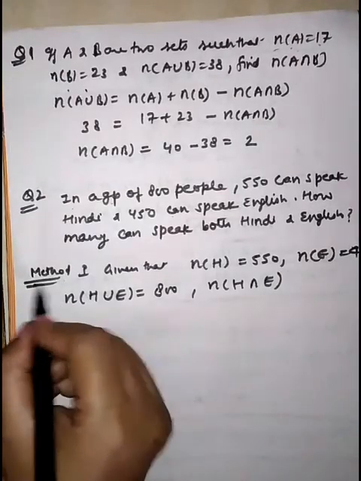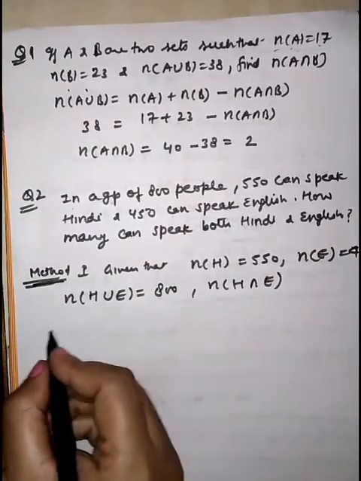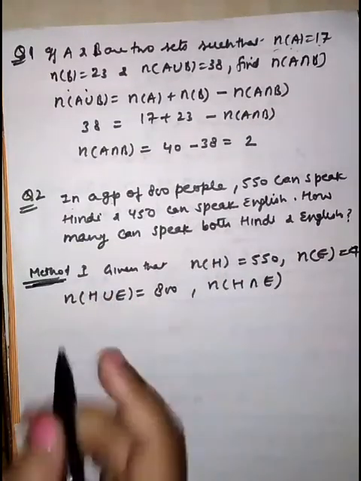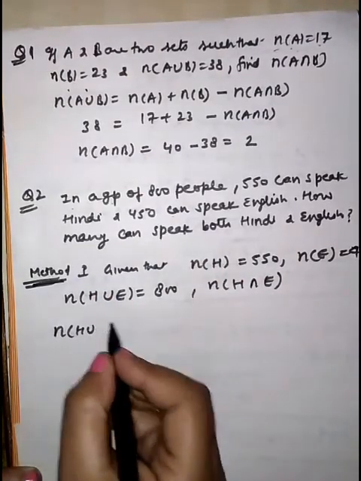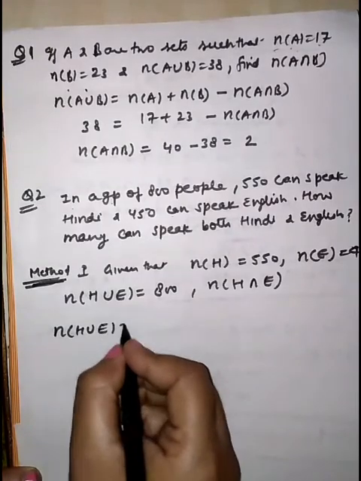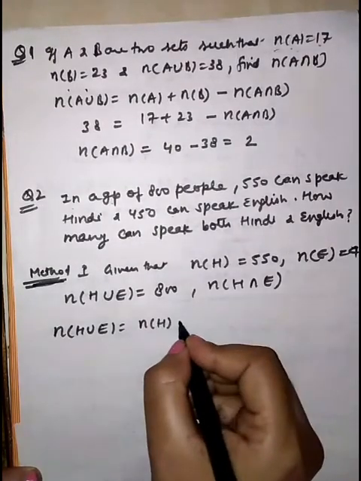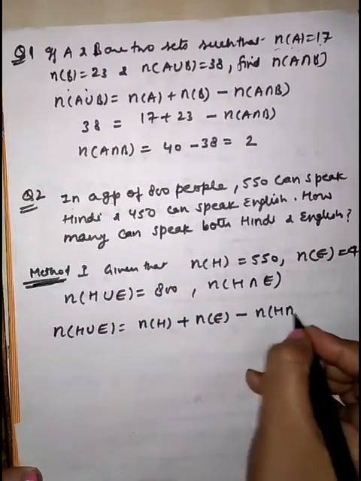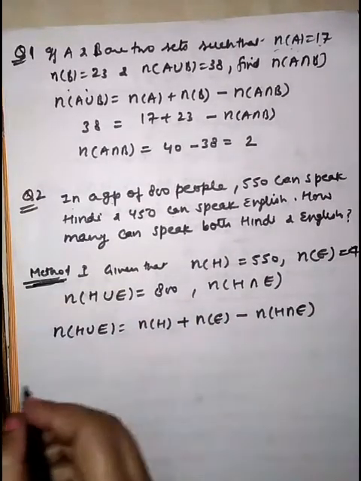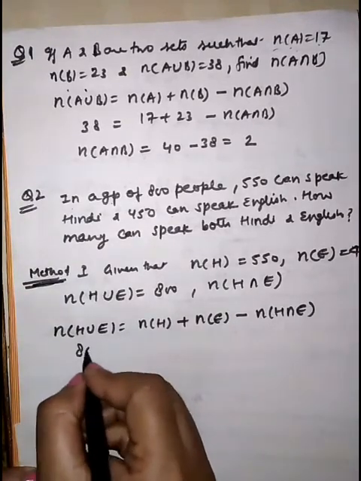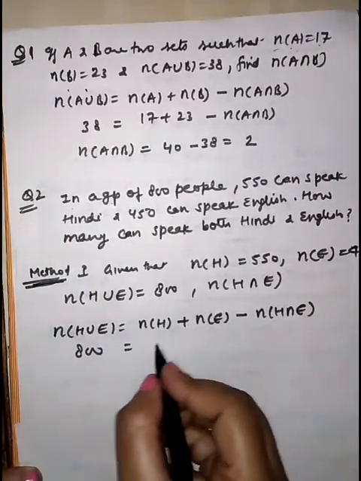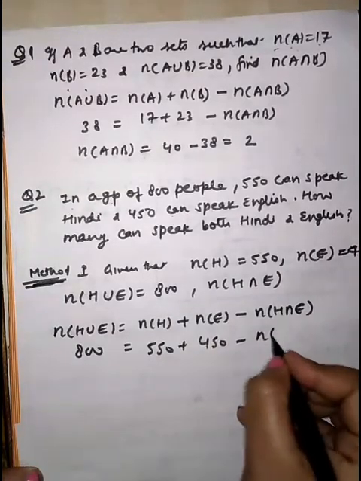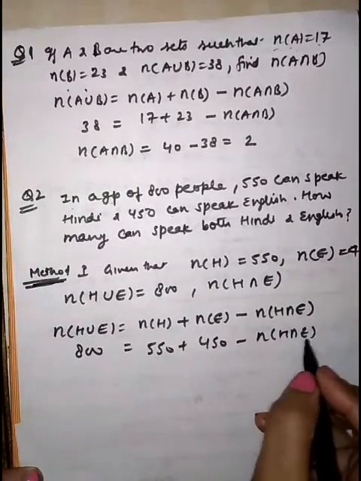So firstly, using the first method, it means using the result. Write down the result in this form: n(H union E) equals n(H) plus n(E) minus n(H intersection E). Now put all the values in here. 800 equal to n(H) is 550 and this one is 450, and this can be written as it is.